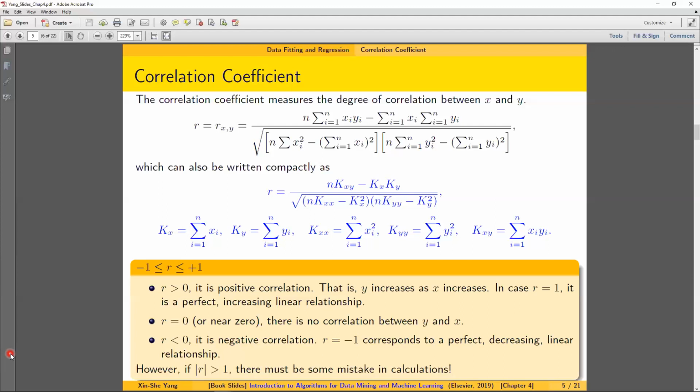When r is equal to 1, it is a perfect increasing linear relationship, meaning x and y have a linear relationship, and it's increasing. When r is 0, or near 0, then we say there is no correlation between y and x. And when r is less than 0, it is negative correlation. Especially when r is -1, it's a perfect decreasing linear relationship. As x increases, y decreases, and it follows a linear relationship.